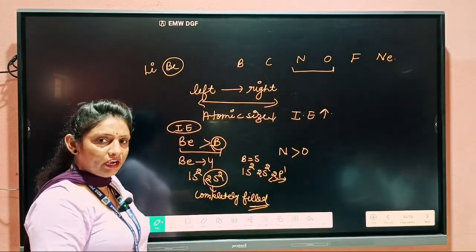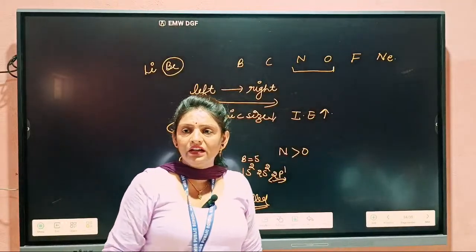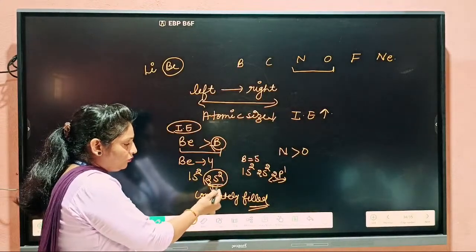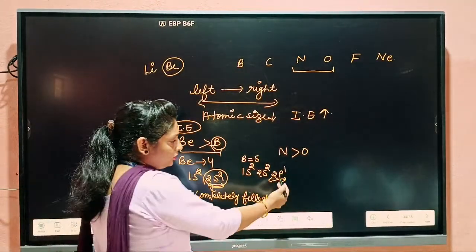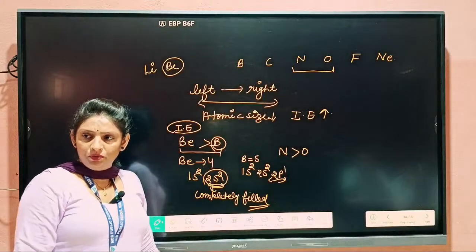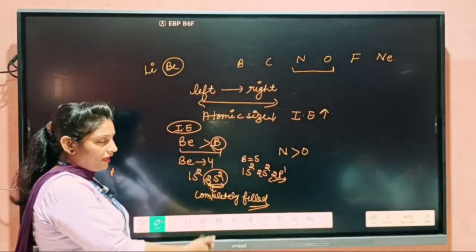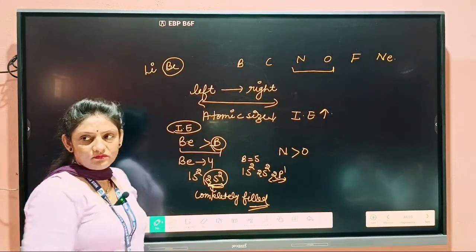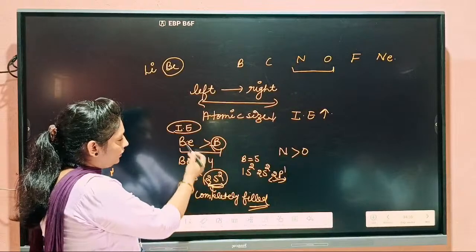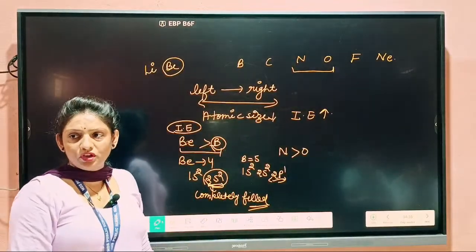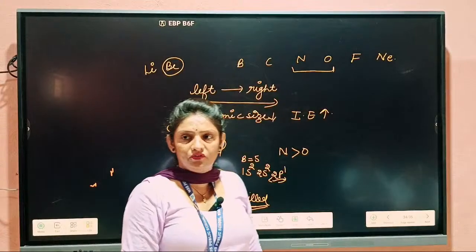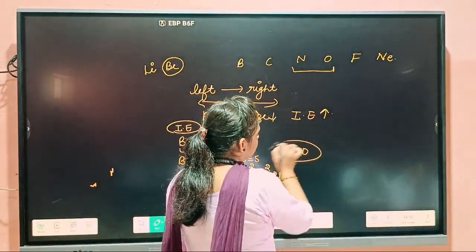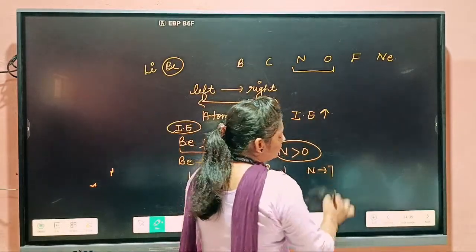So one is the electronic configuration, and the second factor is the penetration effect. We can also see here, the s orbital shows more penetration effect as compared to the p. Due to more penetration effect, it will require more energy because it is extra stable due to its configuration. It is clear to you or not? Further, you can see in case of nitrogen, what is the atomic number? 7.